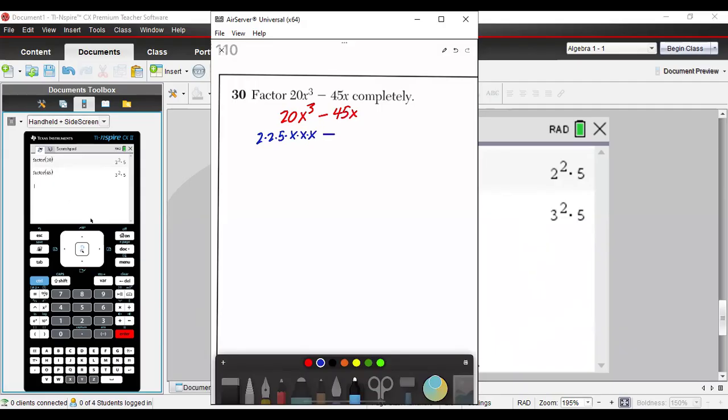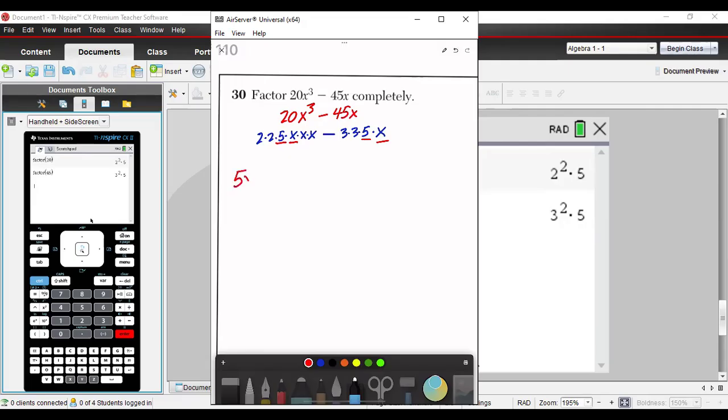That minus is important. And then 45 is 3 times 3 times 5 and then times x. Now, what do I have in common? What numbers, what variables are in both terms? Well, there's a 5 here, there's a 5 here, there's an x here, there's an x here. So that's the greatest common factor, and I'm going to factor that out.